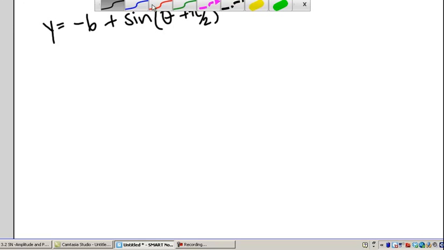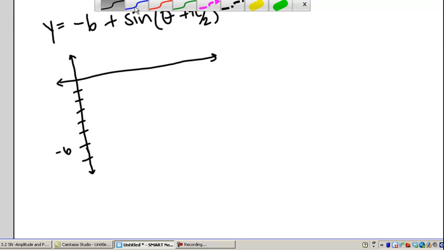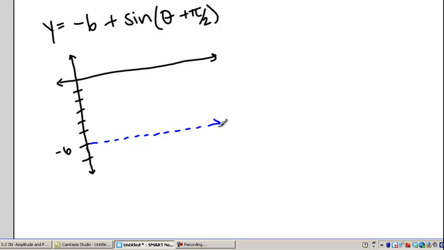So you don't need much of the positive at all. Actually, you don't need any. So -1. Okay, so -6 is our new sinusoidal axis. So make your horizontal line -6.